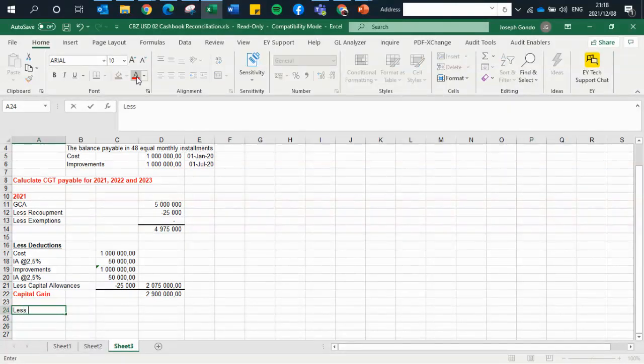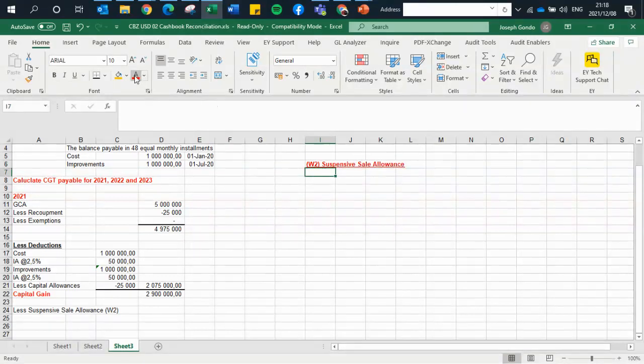Okay. So now let's do the suspensive sale allowance. This one is working number 2. So we come here and say working number 2, suspensive sale allowance.